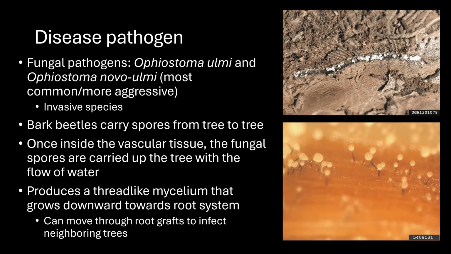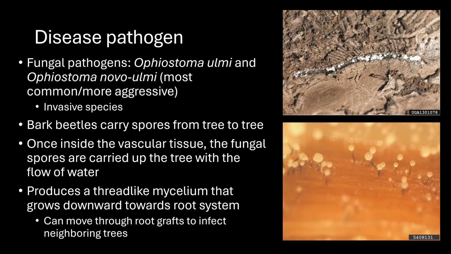Insects, unfortunately, can be vectors for specific diseases, could be fungal, viral, or bacterial. So a lot of times, when we talk about prevention or management, you have to take care of the insect first to help prevent the spread of the fungal disease.